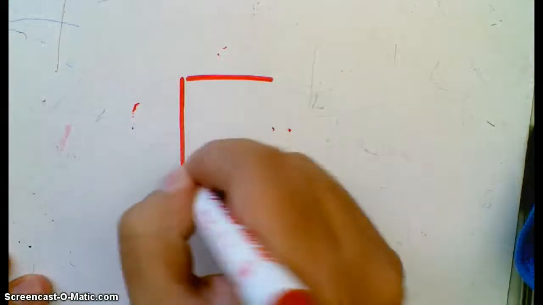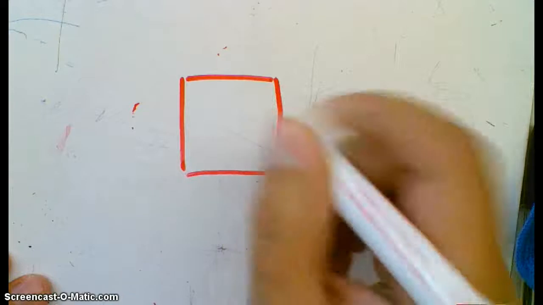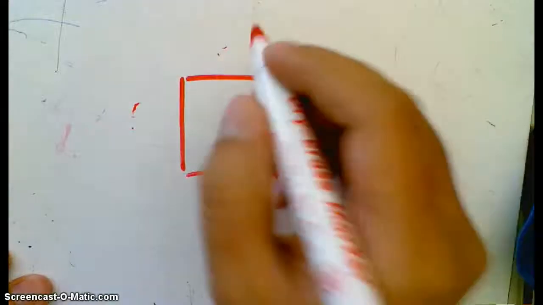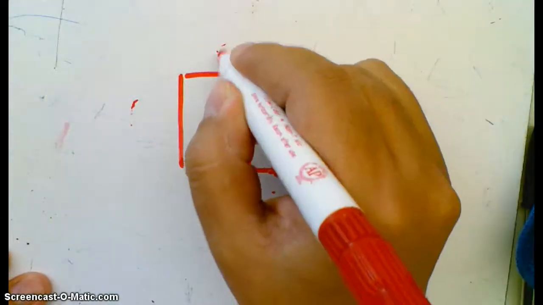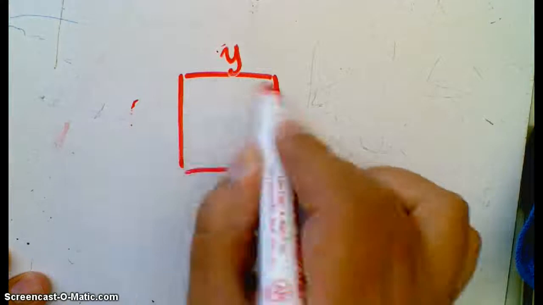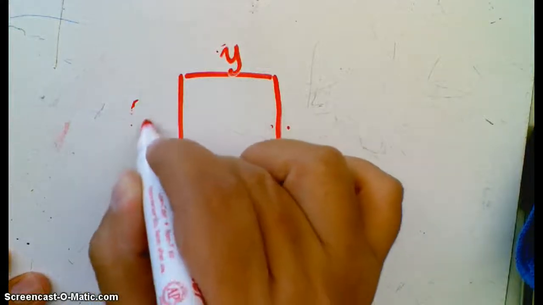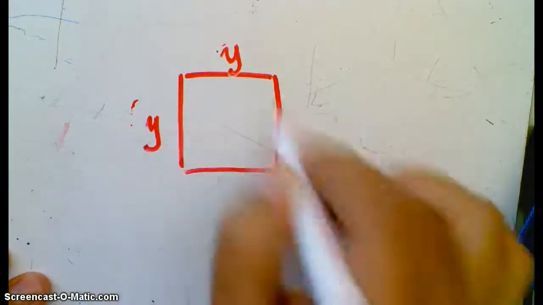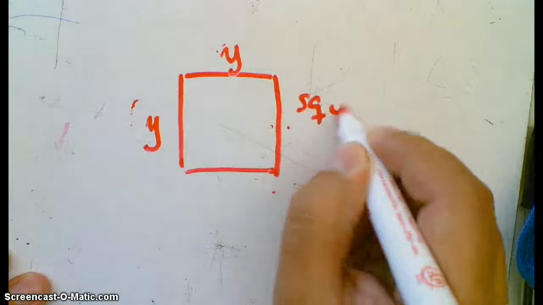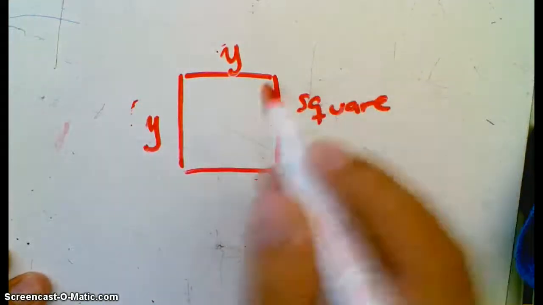But if instead I have a square of side x, or I don't know the side of it, and I want to call it x or y or z, let's call it y just for fun. If the side measures y, then each side measures y, because I know it's a square. If they told me it was a rectangle, then I wouldn't know.